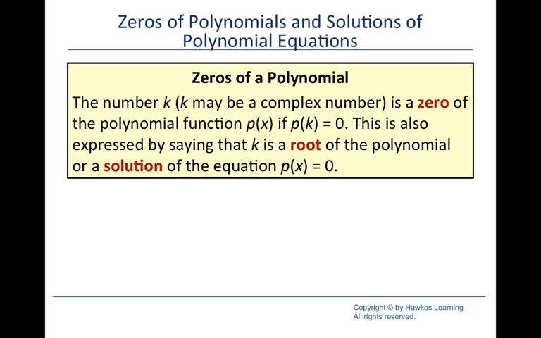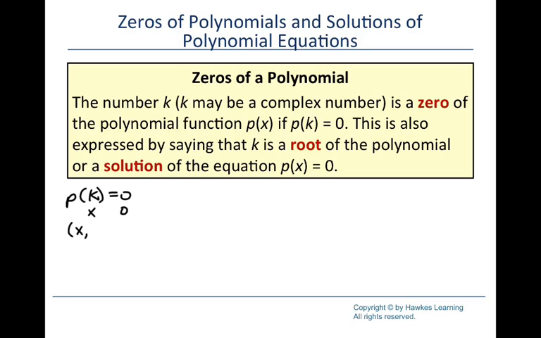If p(k) is 0, if the function at that number is 0, because remember what that's saying is, if we have this notation p(k) equals 0, that's really meaning that this is your x value, whatever it is, and 0 is the y value.